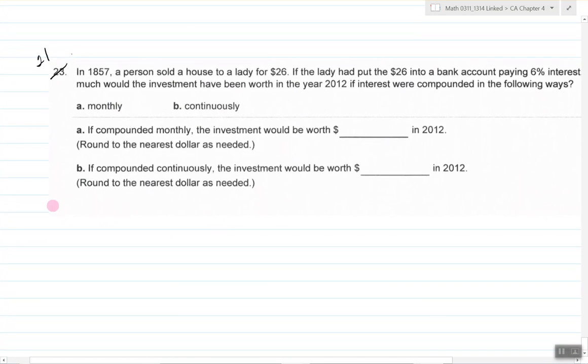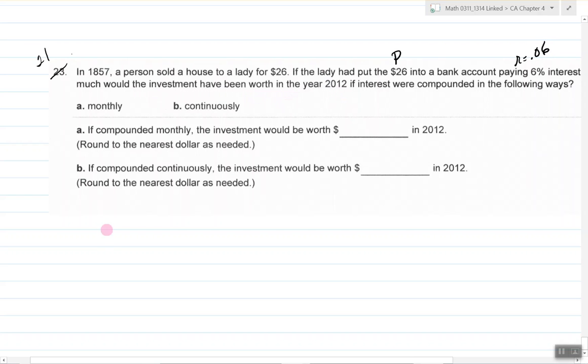All right. This is just kind of an interesting question. It's our last one. It says, in 1857, a person sold a house to a lady for $26. If the lady had put the $26 into the bank, that is at that time the present value, paying 6%, so the R is 0.06, how much would the investment have been worth in the year 2012?